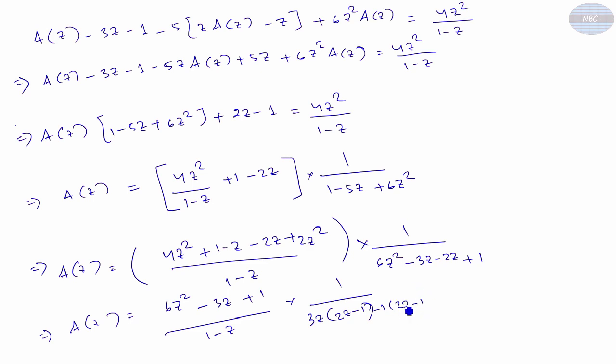Okay, so let us write down clearly. So it is 2z minus 1. Okay, so we can have A(z) is equal to, let us simplify more.